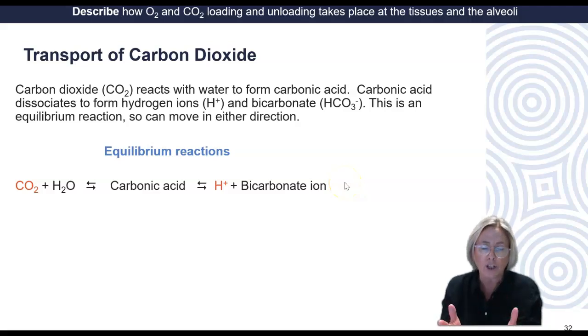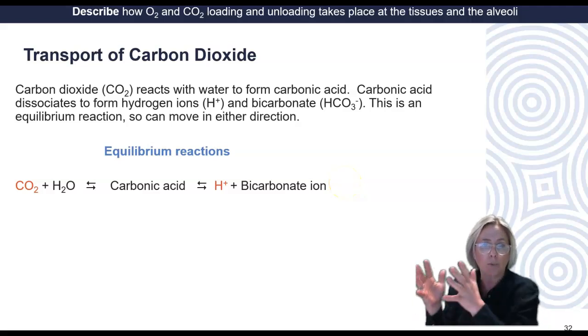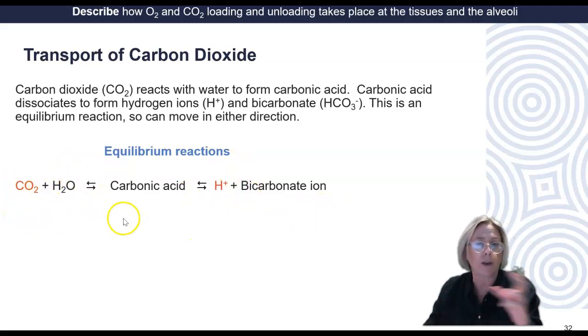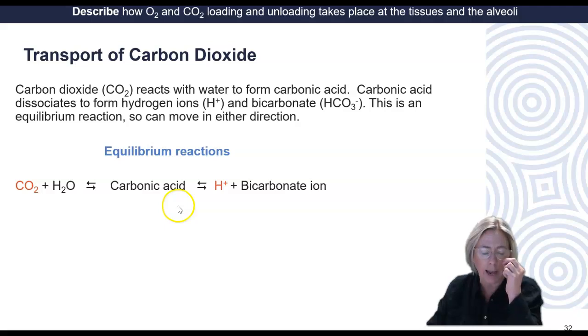Carbon dioxide, as you know, reacts with water to form carbonic acid. Carbonic acid then dissociates, or releases, its hydrogen ions and bicarbonate anions. And this is an equilibrium reaction, so it can move in either direction depending on the concentration of reagents at either end of this reaction.